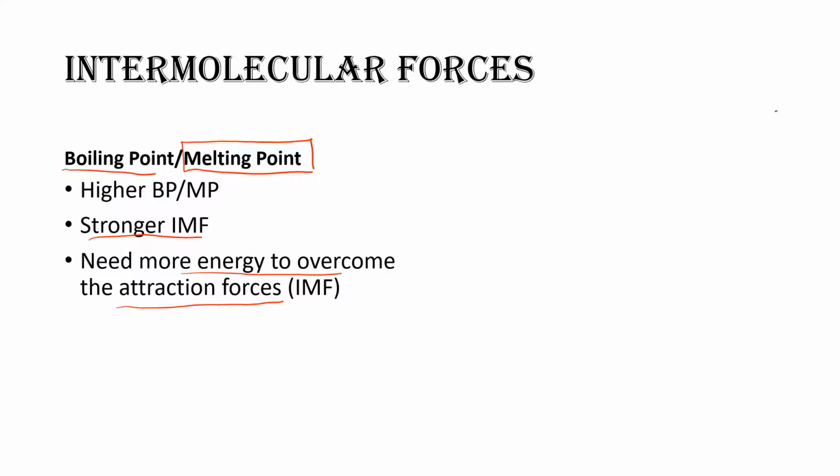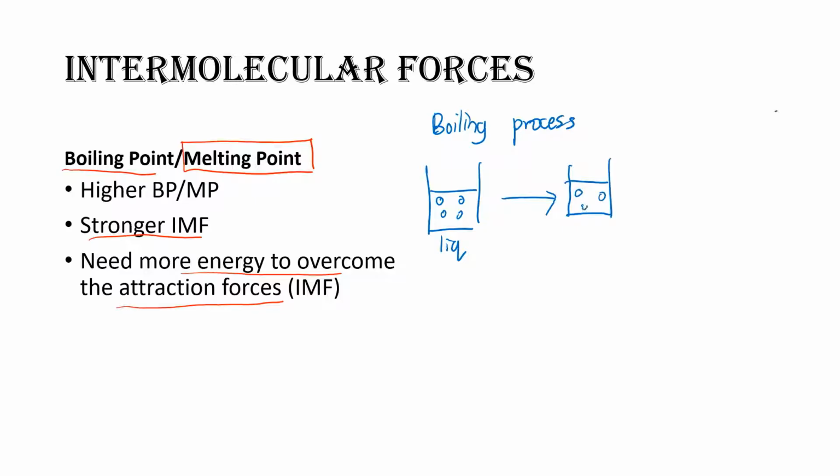So how are we going to relate this? For example, the boiling process. Recap what the boiling process is. It is from liquid to become gas. Initially, if it's liquid in normal conditions, it moves in zigzag directions.